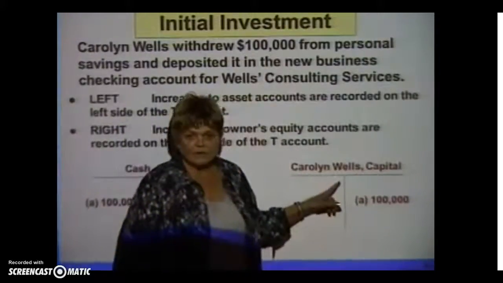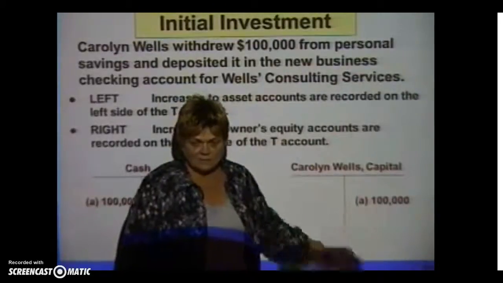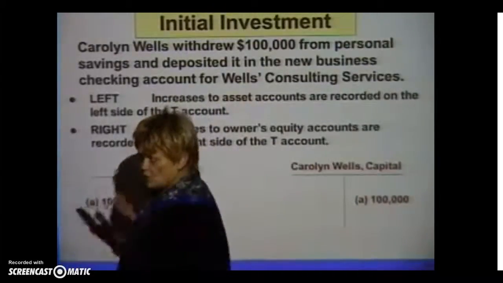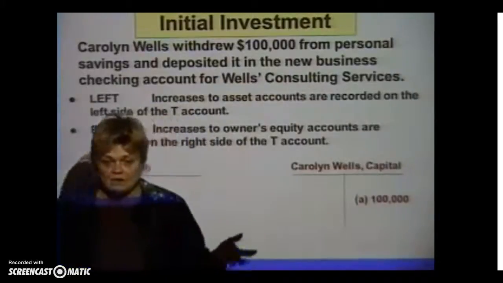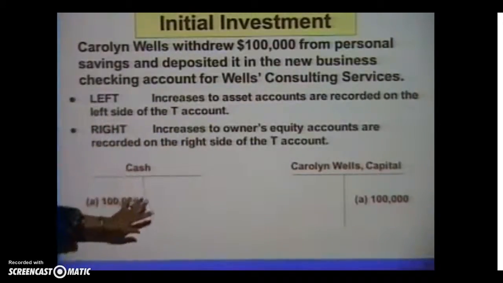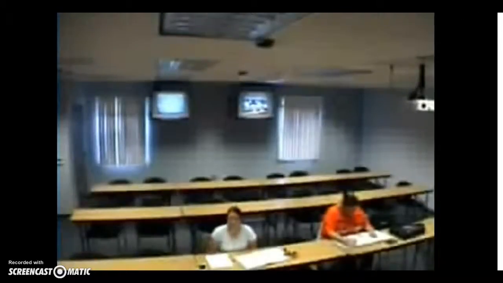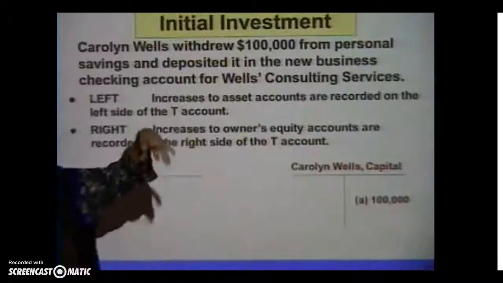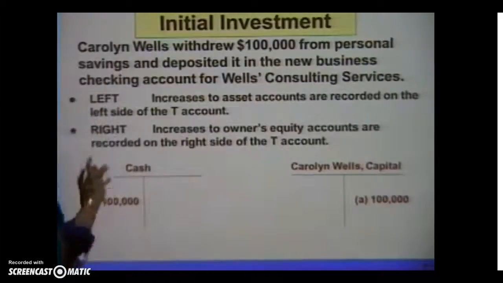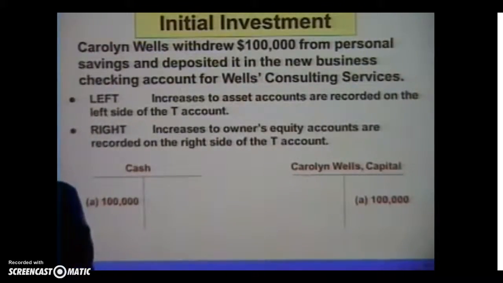Owner's equity accounts are increased on the right side of the T account. So that when we make our entry, we have a left side and a right side of equal value, keeps our accounting equation in balance. Okay. If it was laid out on that spreadsheet, you'd see it on both sides. When you would see a plus on this side, plus on that side, would stay in balance.